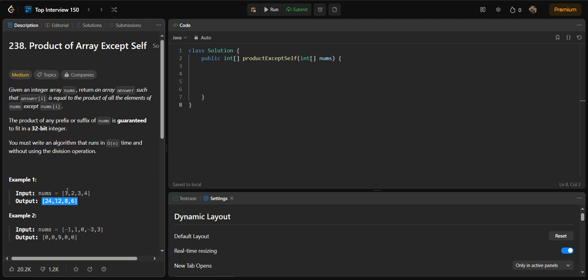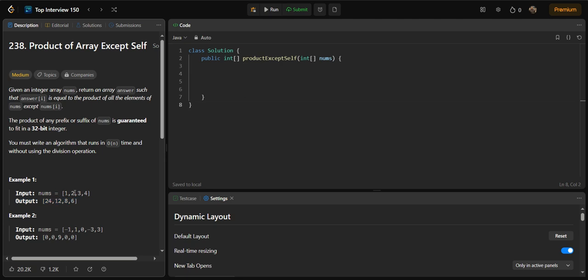If you notice, for the first element, what you need to do is calculate the product of the elements except the first one. So you just remove this one, or maybe just forget about this element, and then take the product of these three. So that will be 4 into 3 into 2, that will be 24. So that will come into first place.